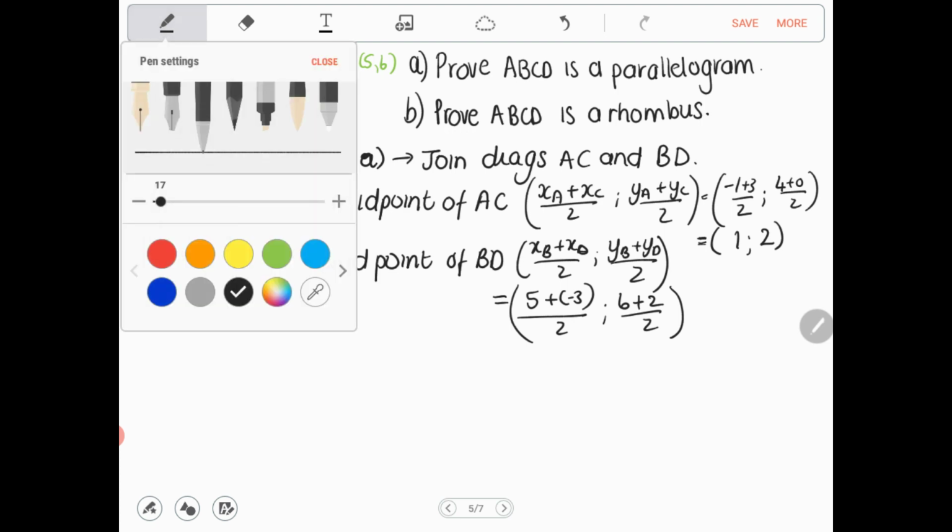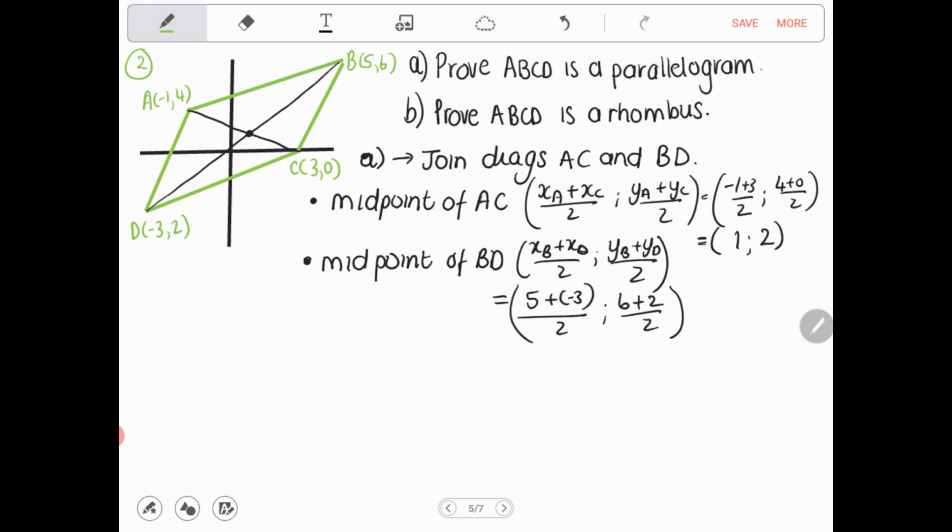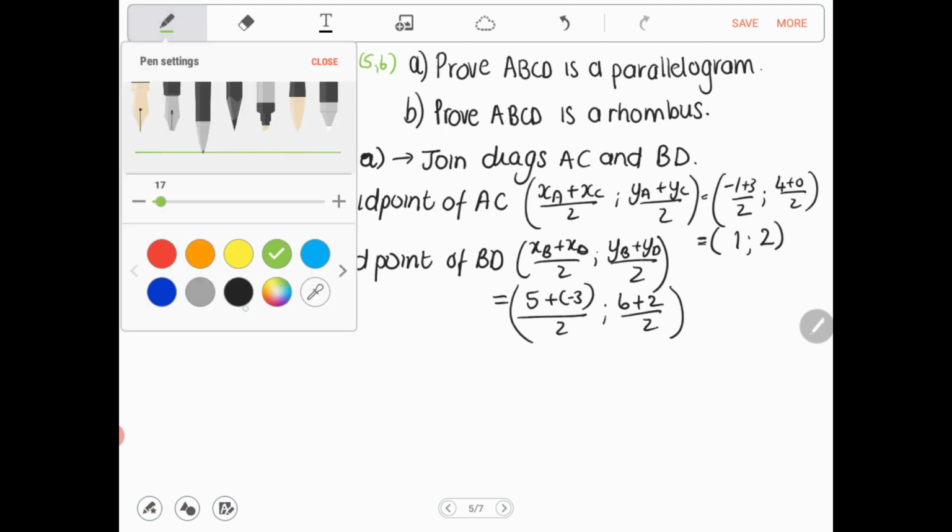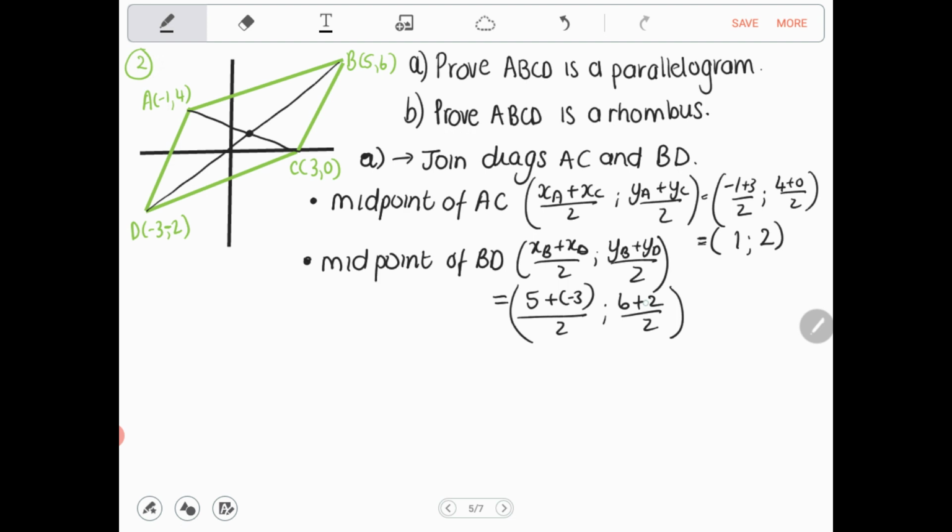I've just realized that this should be a -2. It's in the wrong quadrant there. So there should be -3 and -2. Apologies. Okay, let me just quickly go back and change that. So this should be a plus -2 there. All right, so we've got the y at B, 6, plus the -2. That's going to give me 2 over 2 and 4 over 2, which gives me 1 and 2.